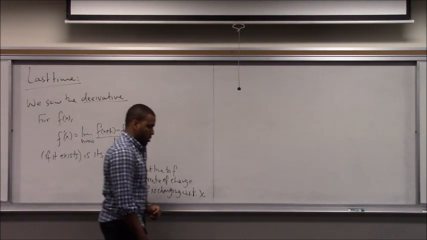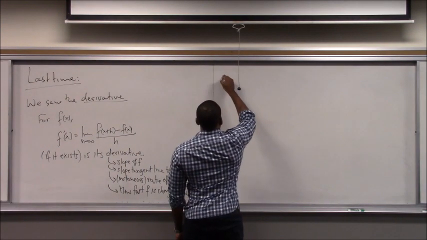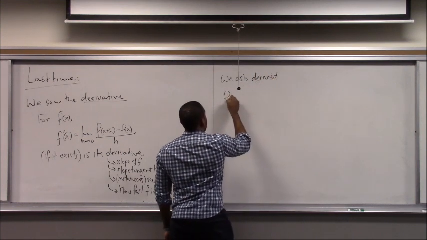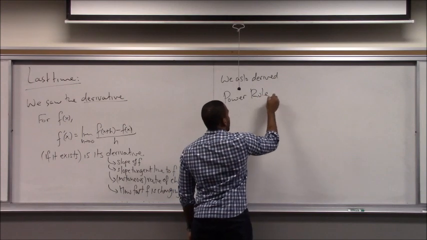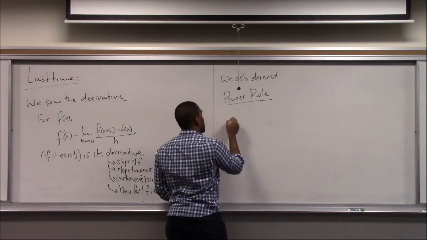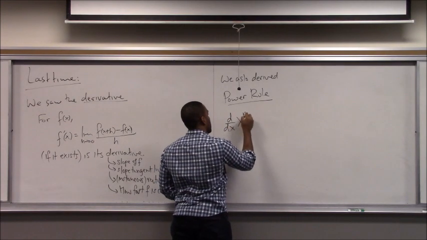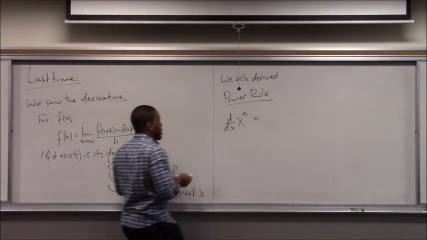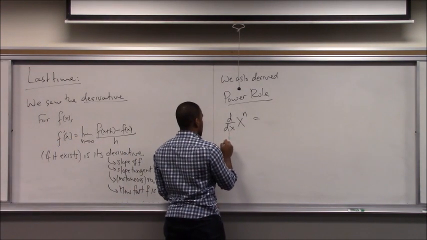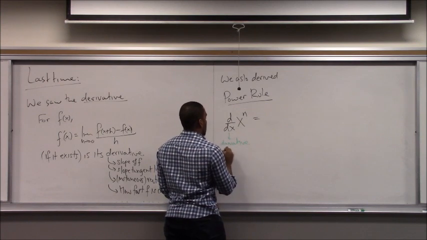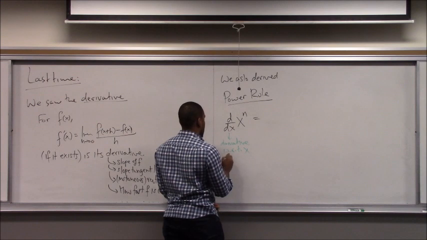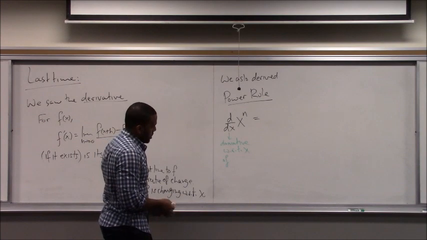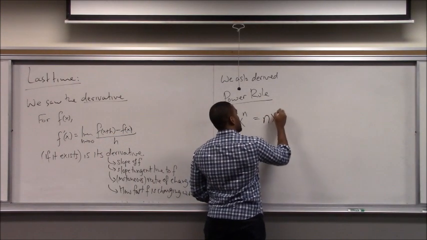We also derived the power rule. A very basic version of the power rule basically says if we want to take the derivative with respect to x of something that looks like that, like something raised to a power, it is n x to the n minus 1.